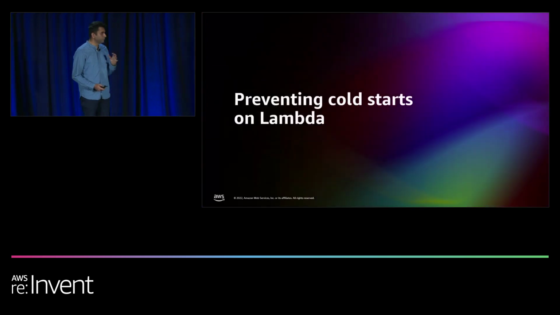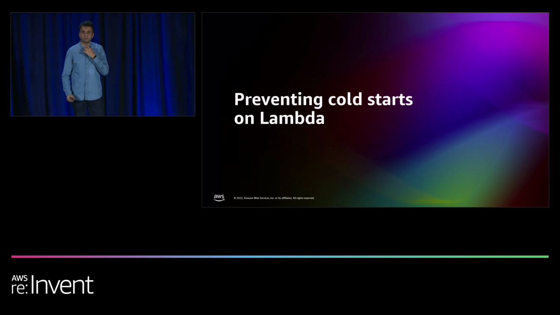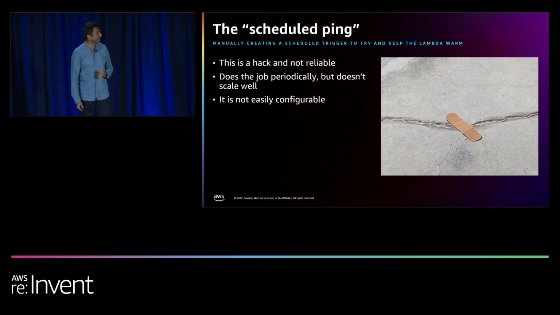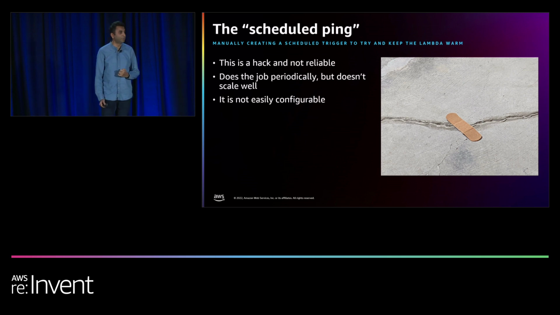So let's talk about some of the methodologies or strategies that are there today, something you can find online, to prevent cold starts from even happening. One of the hacks that has been blogged about quite a lot is the scheduled ping.